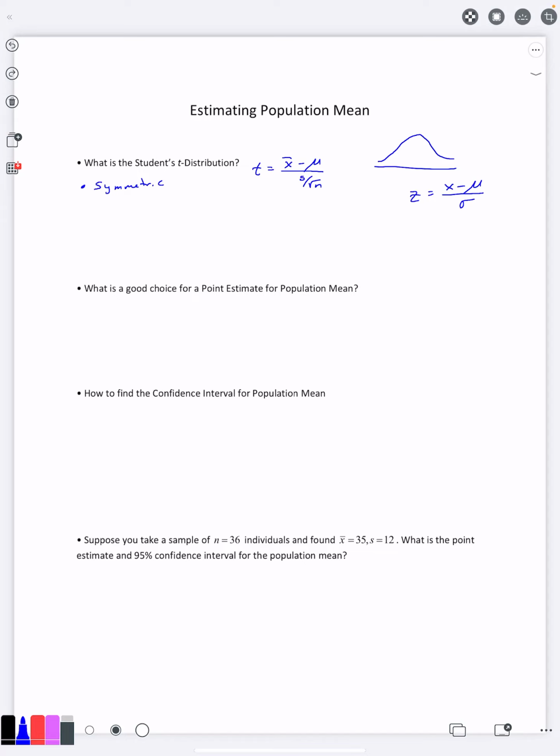The difference is, remember when you take a sample of size n, the standard deviation changes. You have to divide by the square root of n there. The only other difference is that now we are using the s in the denominator, the sample standard deviation, because the point of these problems is that we're trying to estimate something about the population.